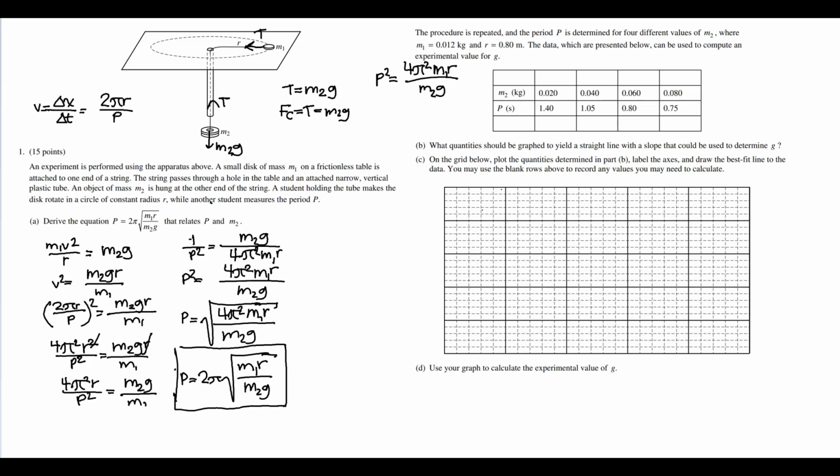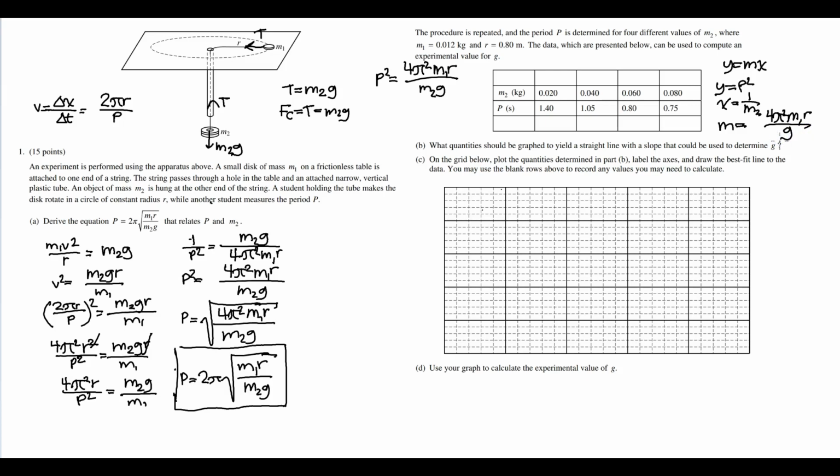Or actually, you don't even need to take the reciprocal. Because if you're sneaky and clever, you can see this follows the equation for a slope. With the equation y equals mx, where y is equal to P squared, x is equal to 1 over M2, and the slope m is this 4 pi squared M1R over G.